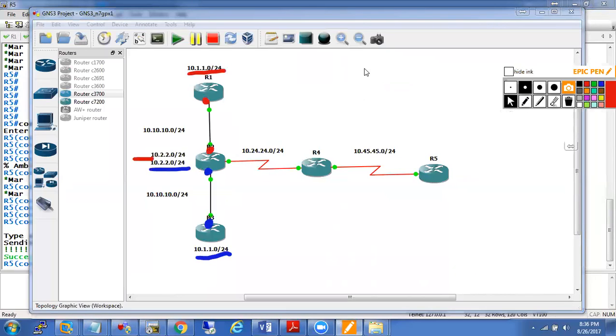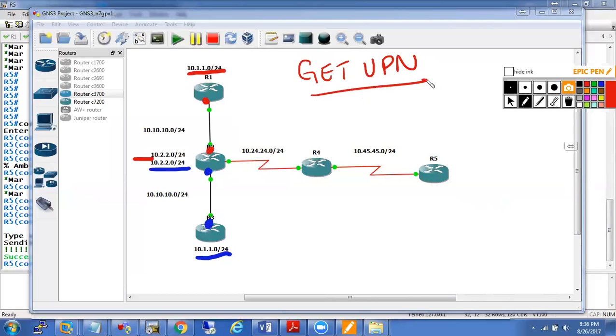What I want to do is a GET VPN setup, where this is my key server.